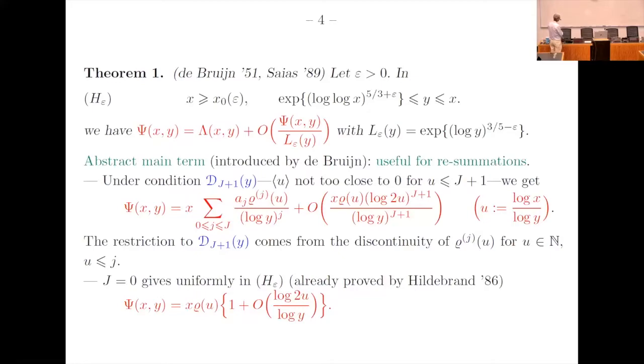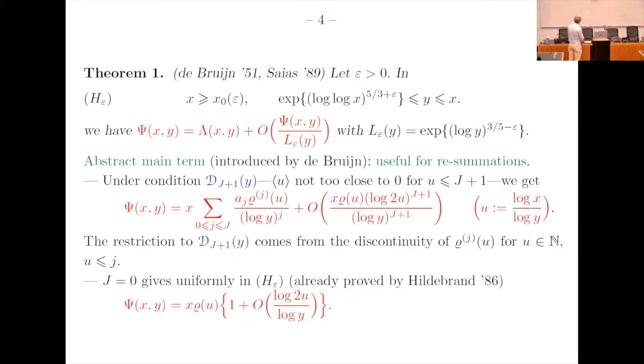So you see this is x times a summation with a coefficient times the derivative of the rho function in u. So u, of course, is log x over log y, over a power of log y, with an error term.